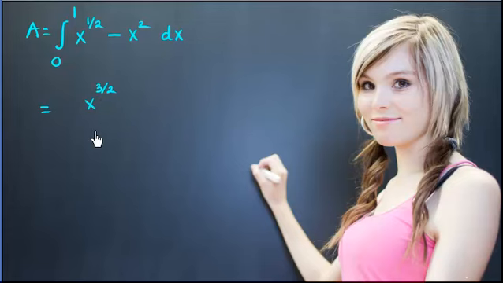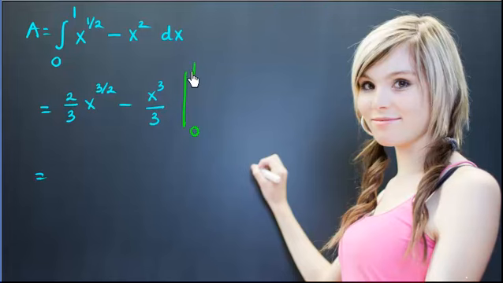So we need to divide by 3/2, which is the same thing as multiplying with 2/3. And then the integral of x squared is x cubed over 3. And then we evaluate at 1 and at 0.